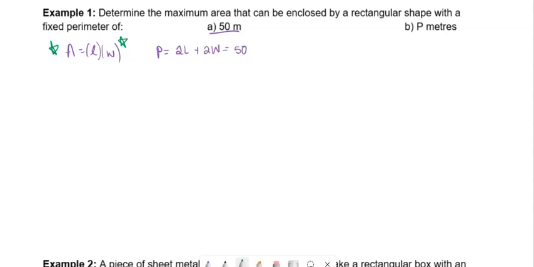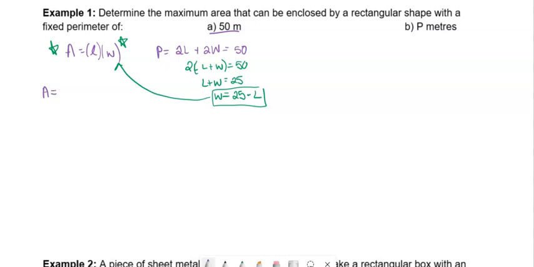Now we can't take the derivative of this until we get rid of one of these two variables. There's just too many things here. So we're going to rearrange this equation, and we'll say that 2 times (L plus W) equals 50, or L plus W equals 25, or W equals 25 take away L. Then we're going to take this definition of perimeter and plug it into the W spot over here.